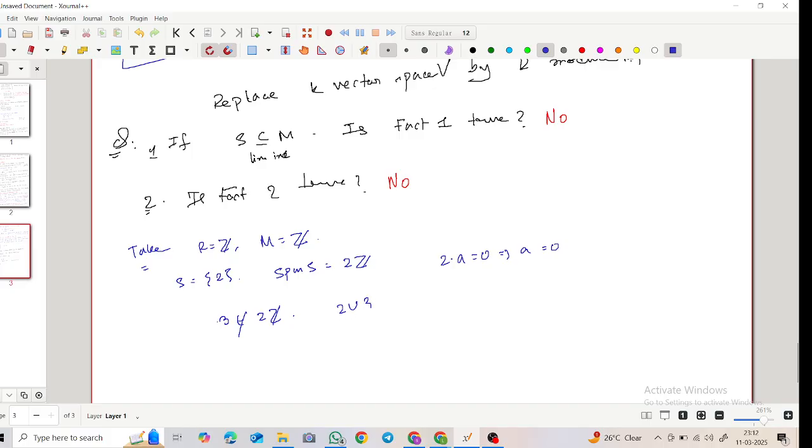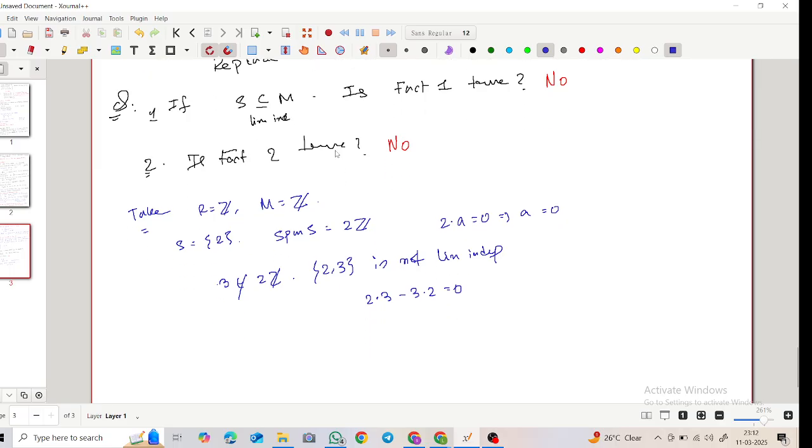I mean 2 comma 3 is not linearly independent. Why? Because 2 times 3 minus 3 times 2 is 0. So the linear combination is 0 even though the coefficients are not. So this is about fact 2.